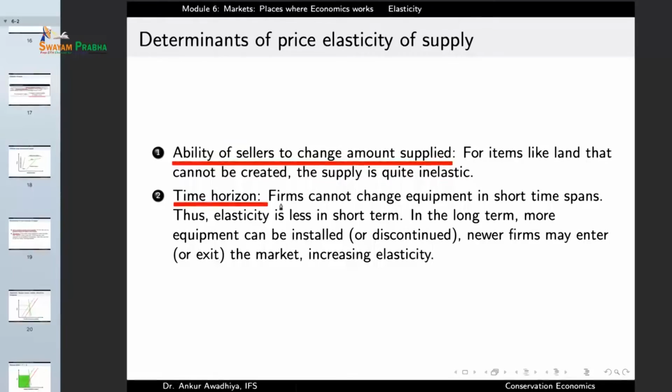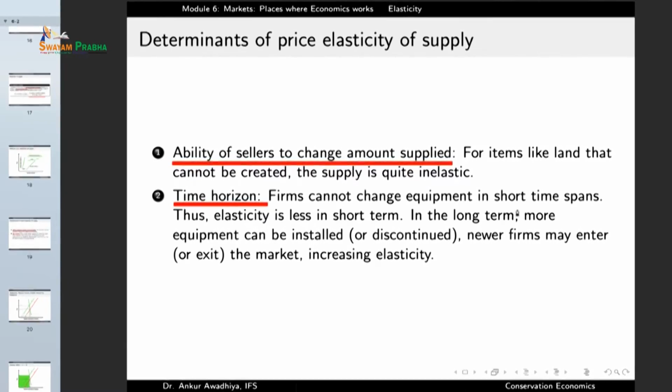But this change in the manufacturing capability will not happen in a day. The seller would have to hire more people. The manufacturer would have to install new machines, which will take time. So time horizon is also a determinant of the price elasticity of supply.